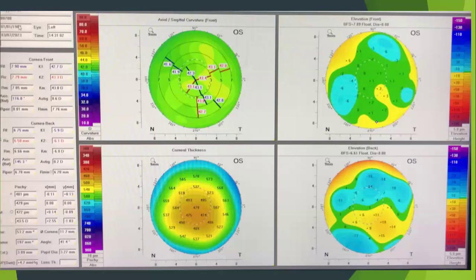Normal is if it is less than minus 0.5. Any point on the y coordinate below 0 will be minus, any point above will be plus. So if you find the thinnest area, thinnest pachymetry, and see the location, and it is below minus 0.5, this can be keratoconus.